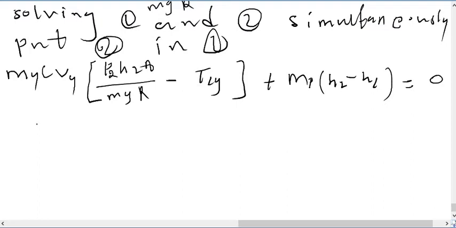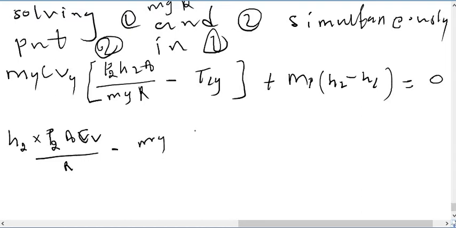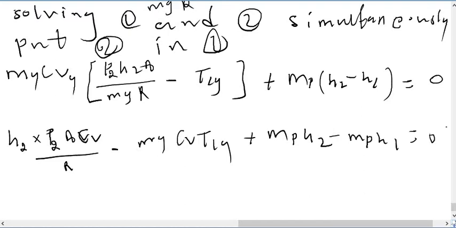Therefore, H2 times P2 times area Cp all over R, minus mg Cp T1 of gas, plus m_p H2 minus m_p H1 equal to 0.